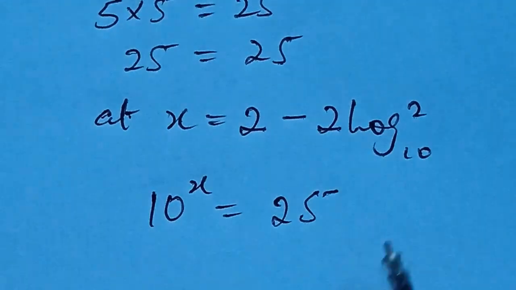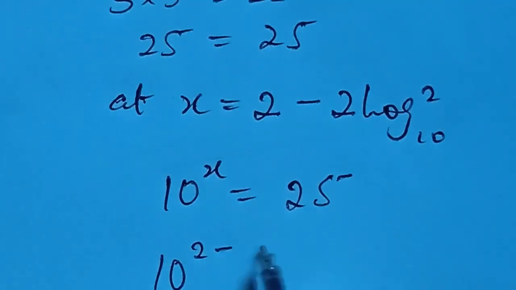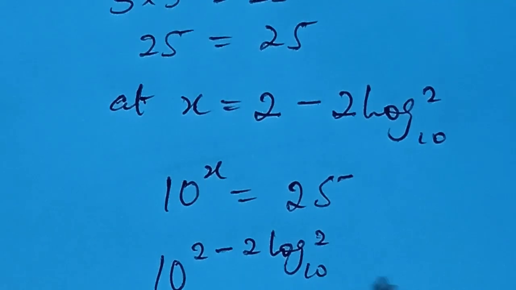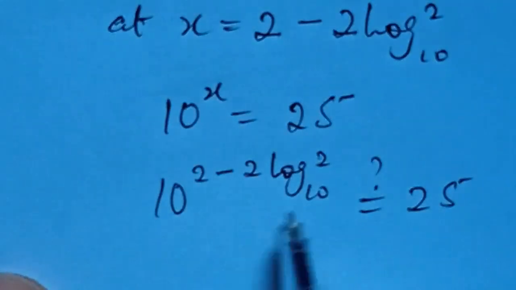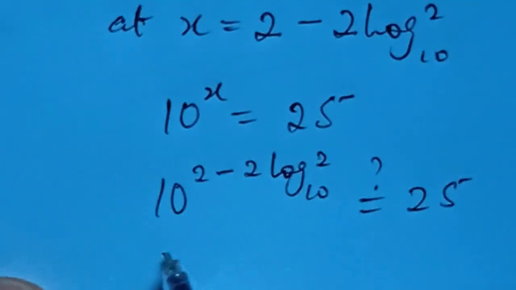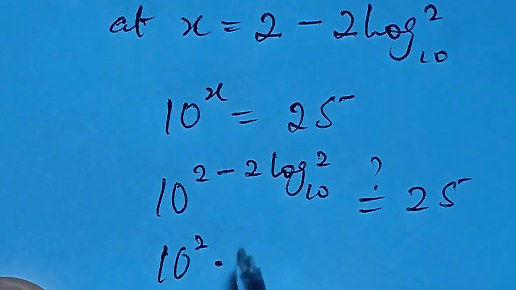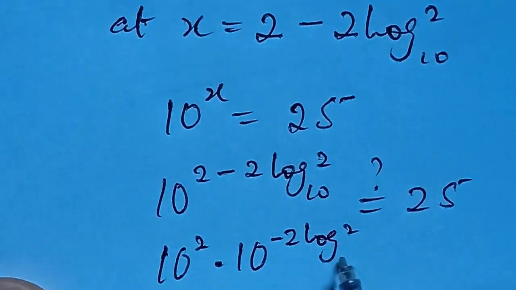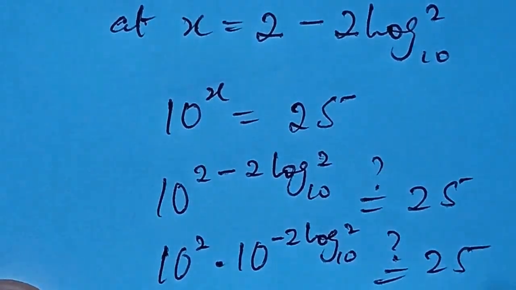Substituting this value of x, we now have 10 to the power of 2 minus 2 log 2 base 10, which will be equal to 25. So we can split this. Splitting this, that will now become 10 to the power of 2 multiplied by 10 to the power of minus 2 log 2 base 10. Would that be equal to 25?